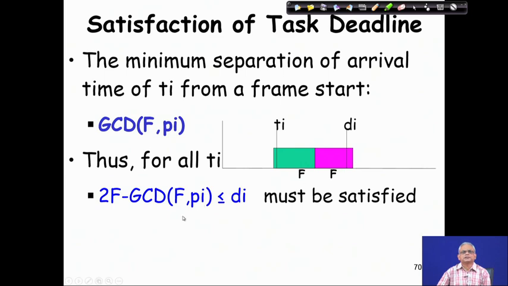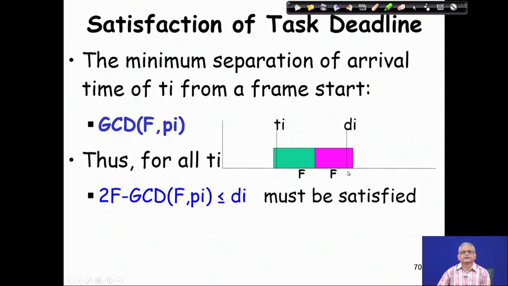So, 2f minus GCD(f, pi) is less than di must be satisfied for every task, because GCD(f, pi) indicates the worst case scenario where a task occurs just after the frame has passed, and therefore, the remaining time for which the task cannot be started is given by f minus GCD(f, pi), and then the task may be taken up here and you have just one f left.